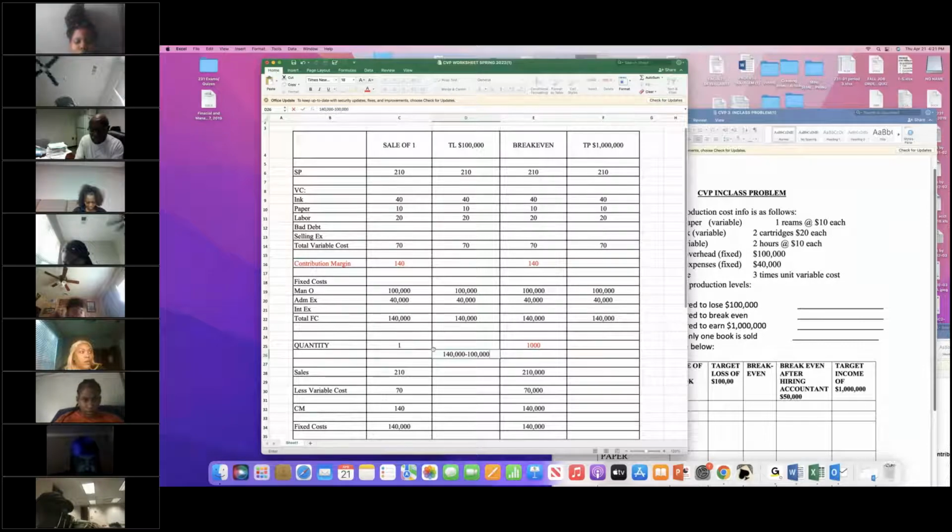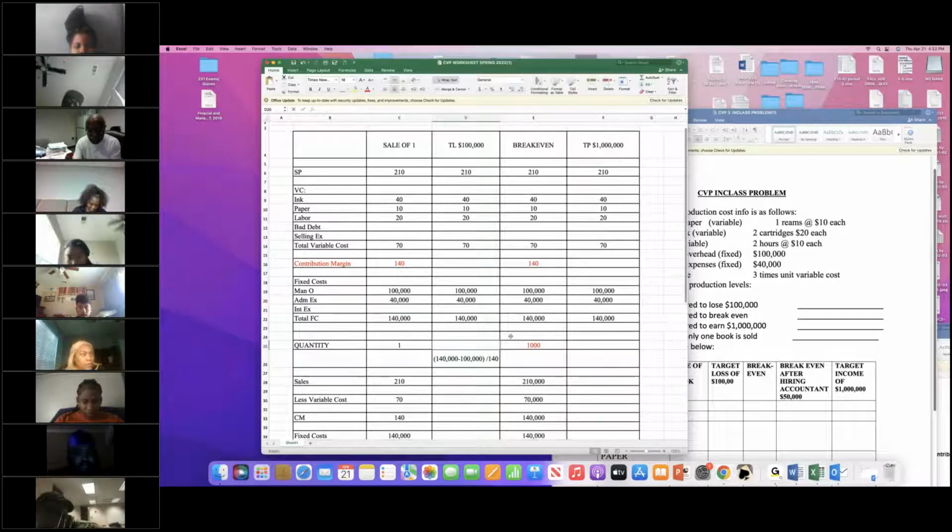We're gonna divide by 140. And if we divide it by 140, how much would it be? 286.